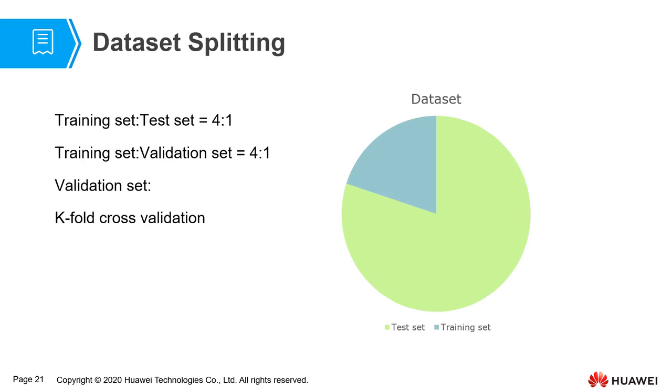For the second training, we use the second part of the dataset as the validation set, and use the other parts as the training sets. In this way, we will get 5 models and 5 results, and the average value of the 5 results is used as the final evaluation result of the model. Validation sets are often used to search for some custom parameters.